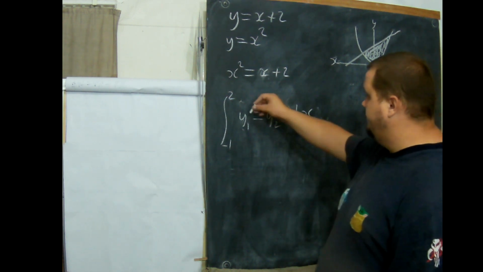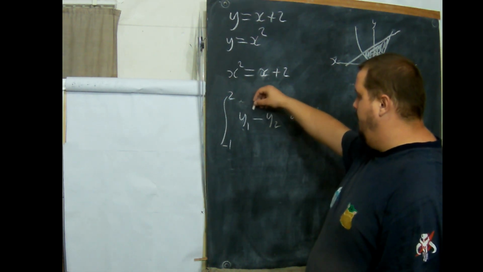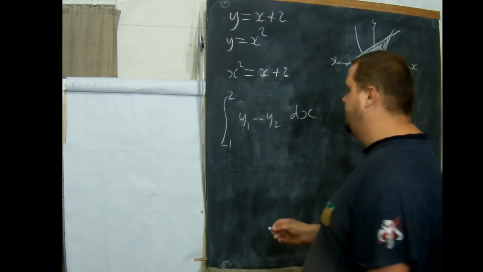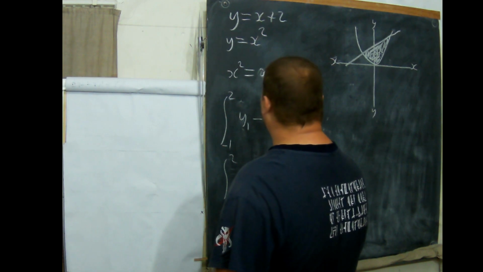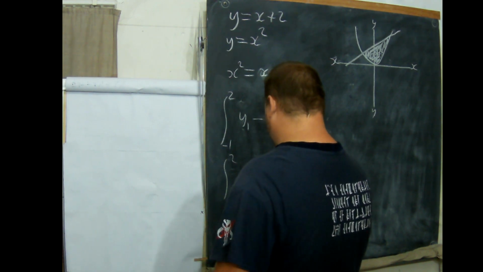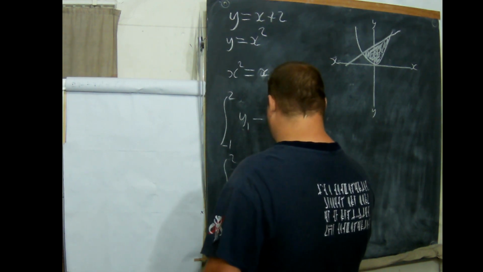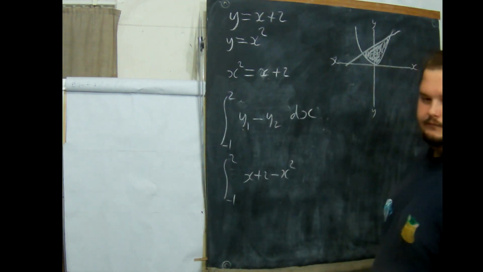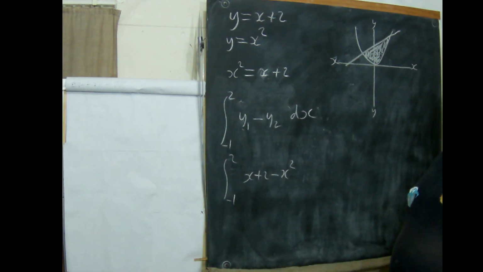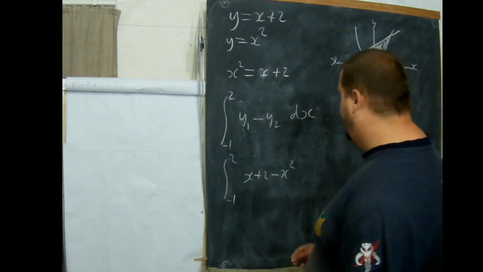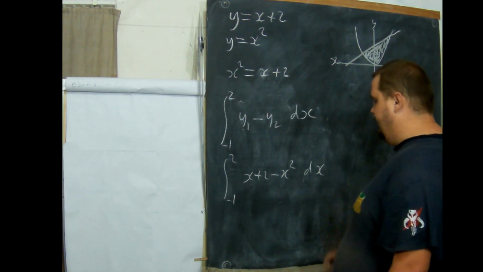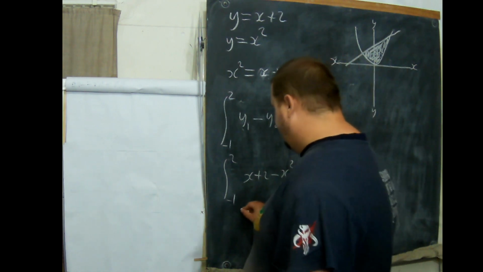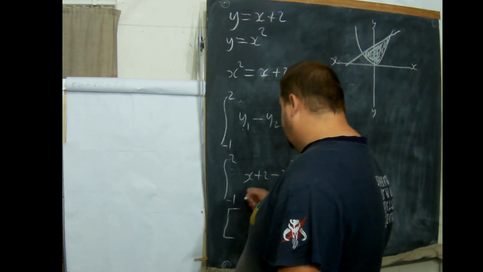It's the top curve minus the bottom one: x plus 2 minus x squared, dx. Now all we have to do is integrate, which is simple.